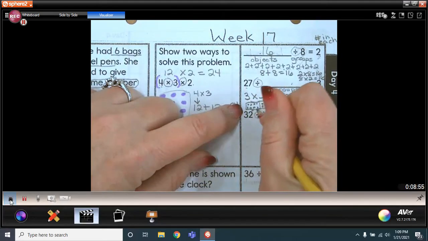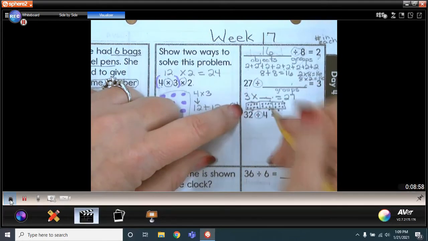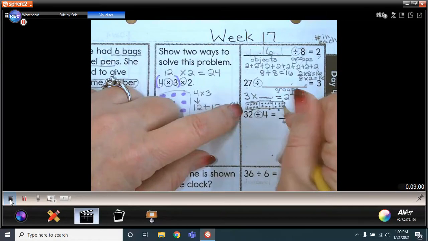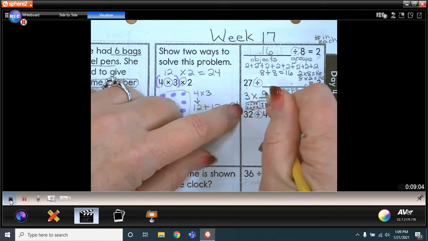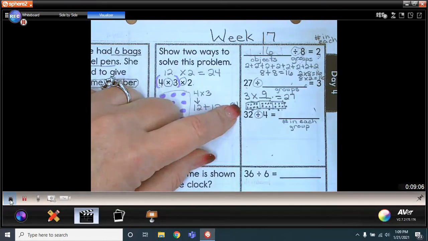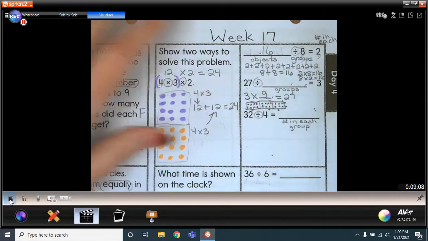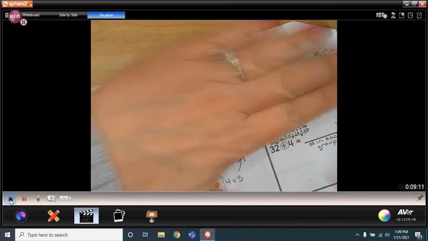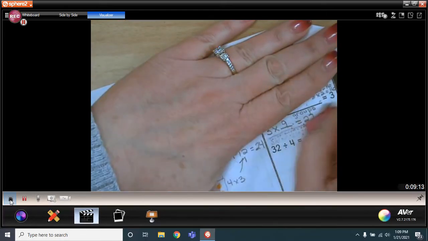So that's 8, and one more is 9. We have 9 in each group. Actually, I probably should have made those groups a little bit larger.